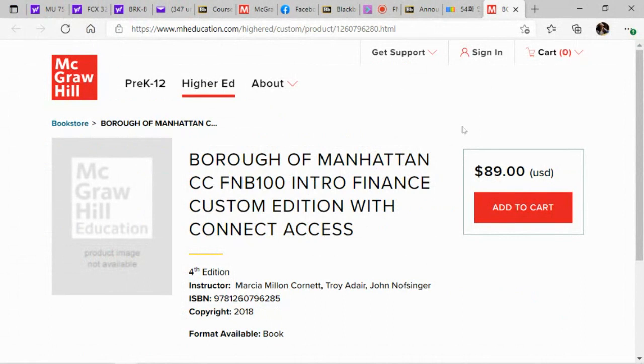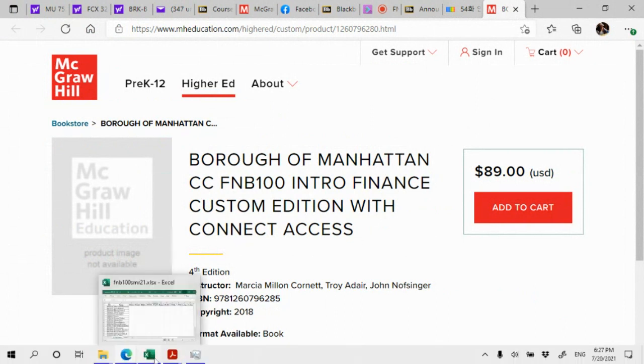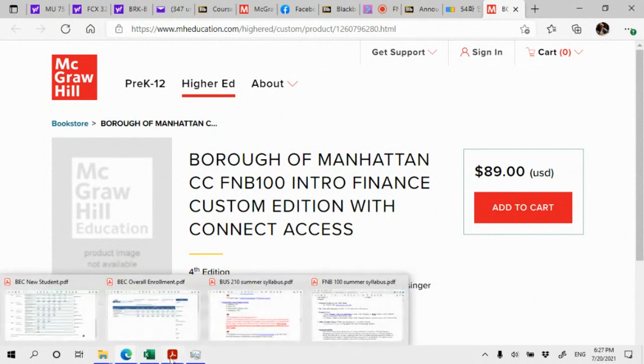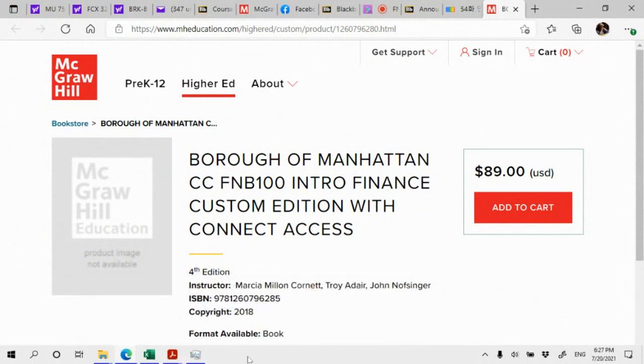And besides, this class is not about the verbiage. What this class requires is algebraic thinking, analytical reasoning, and logical reasoning, not the verbiage.